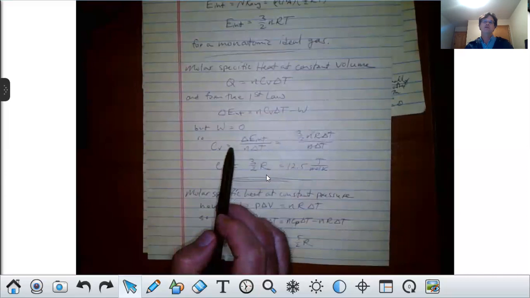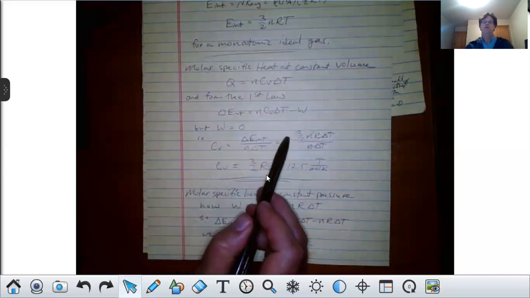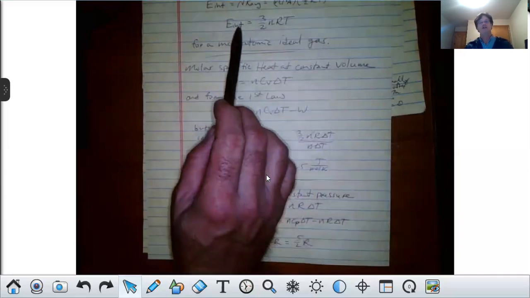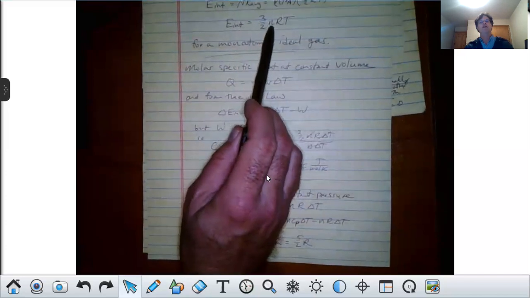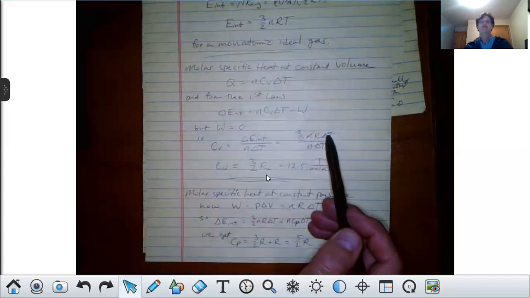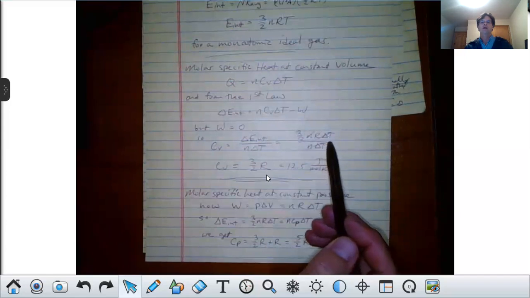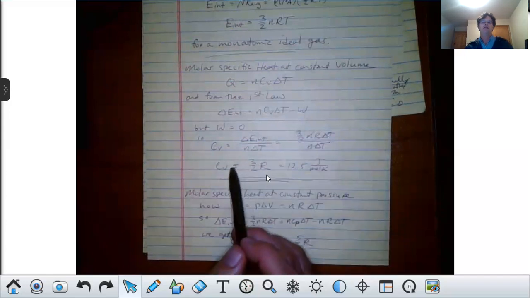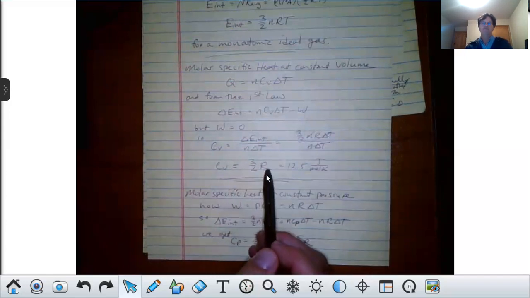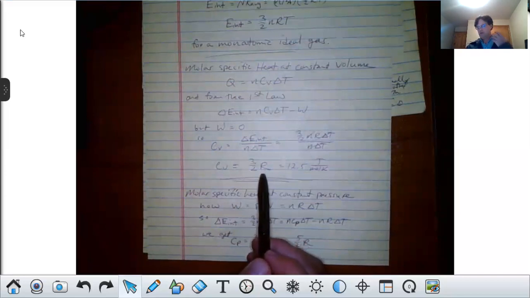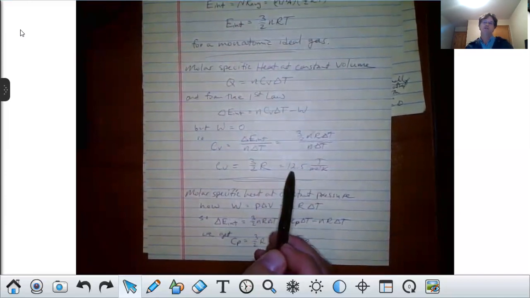Then we can solve for CV, and again, recalling that the change in internal energy would be 3/2 nR delta T, the n delta T's cancel, and we find that CV is 3/2 R. So the molar specific heat is 3/2 R for a constant volume process, or about 12.5 joules per mole Kelvin.